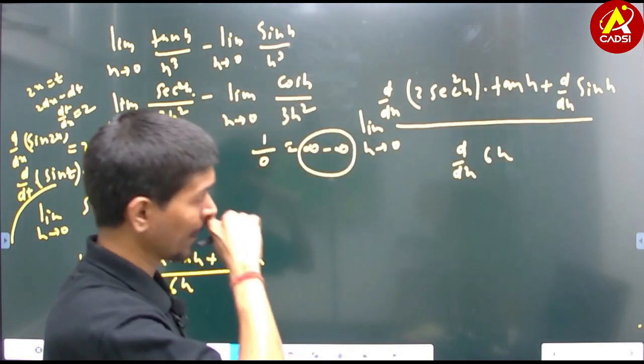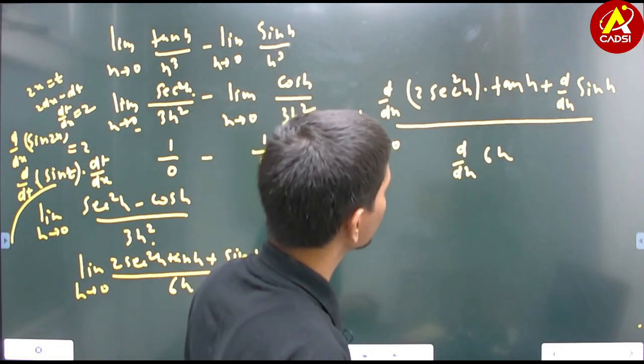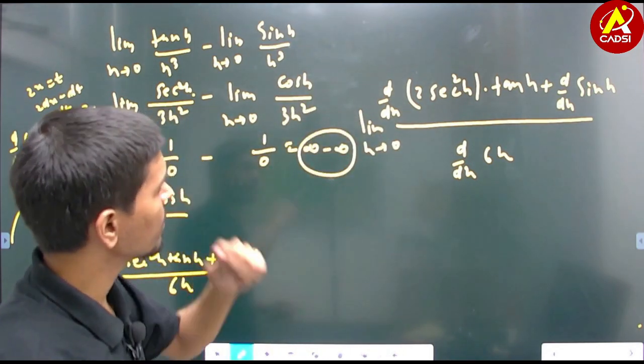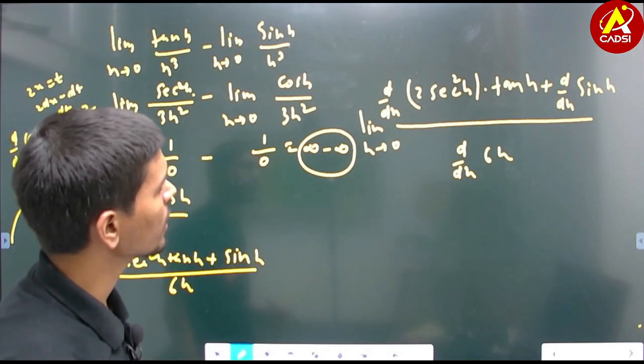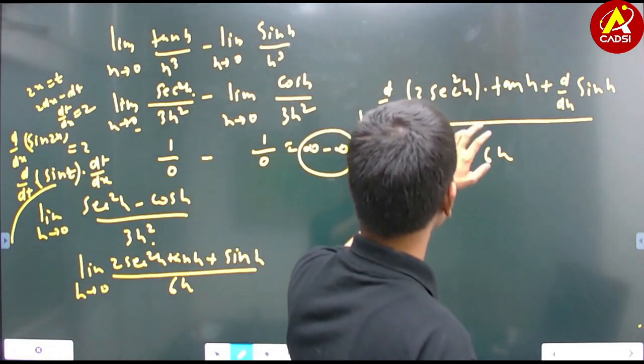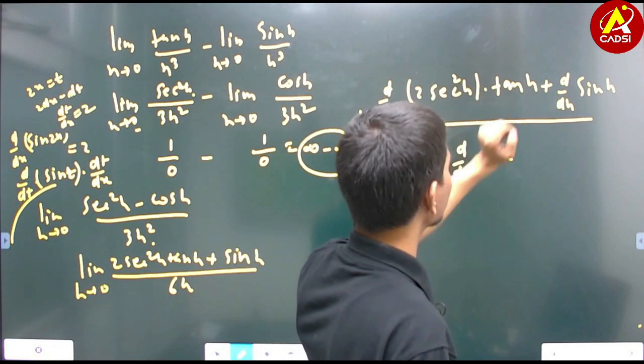It's very simple. Actually we can use another method here, because you don't know the derivative of this 2 sec square h and tan h.